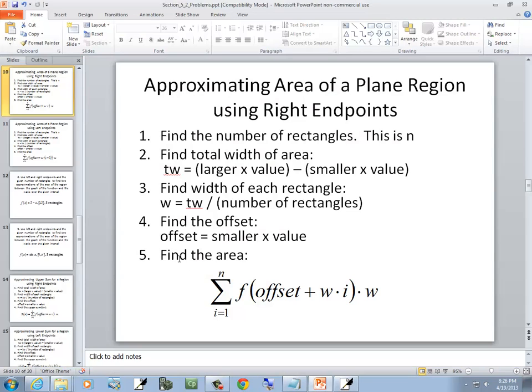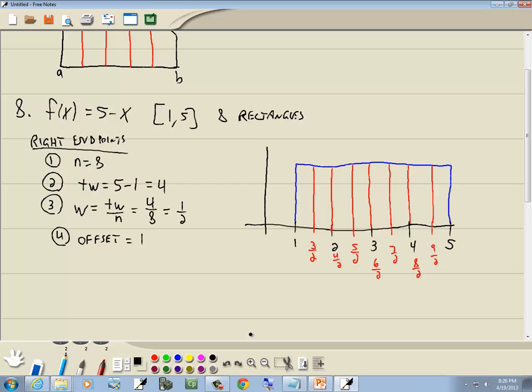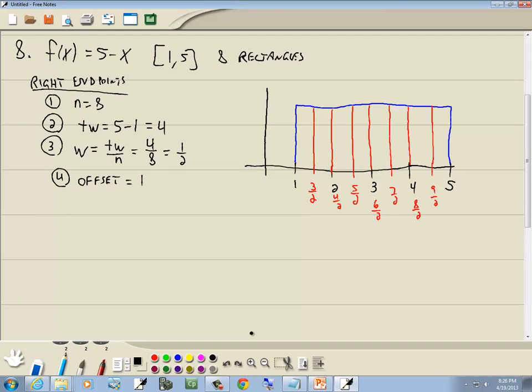Now let's go ahead and take a look at this formula right here. Scroll down a little bit. There we go.